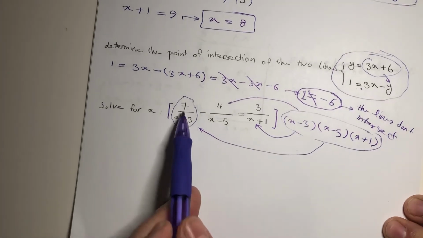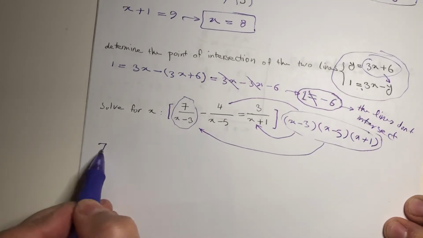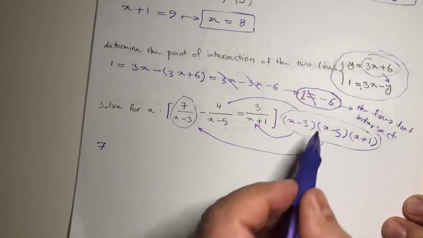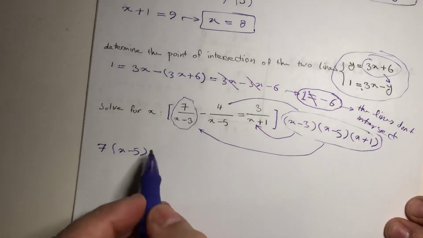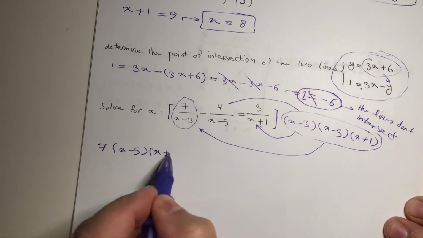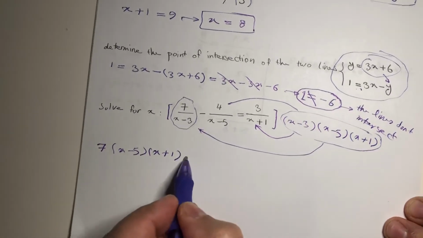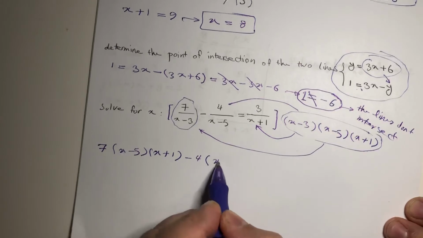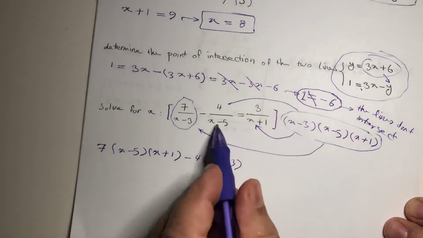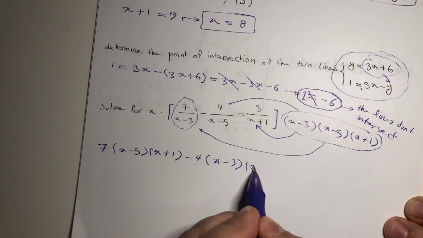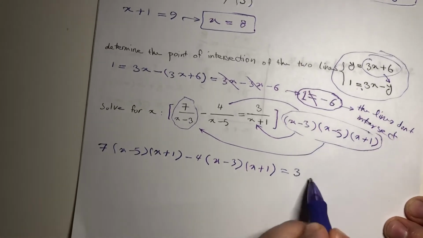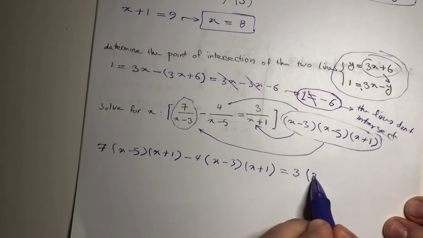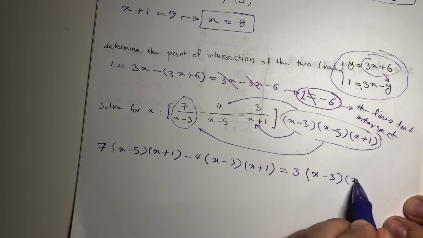We will have 7 by x plus 1 by x minus 5 minus 4, then x minus 3, x minus 5 goes away, so x plus 1 equals 3, x plus 1 goes away, x minus 3 by x minus 5.